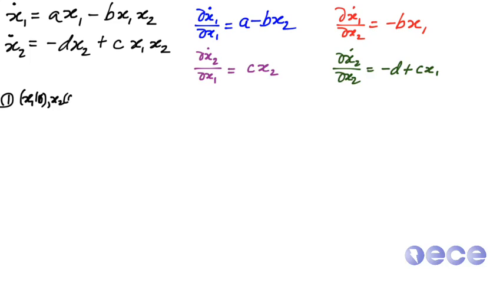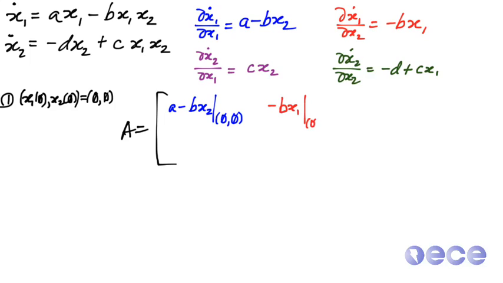So now let's choose x1 of 0, x2 of 0, which equals 0, 0. Let's choose this as our equilibrium point. We're now going to linearize around this equilibrium point by evaluating these partial derivatives and creating a matrix A. So we evaluate a minus bx2 at 0, 0, minus bx1 at 0, 0, cx2 at 0, 0, and minus d plus cx1 at 0, 0.